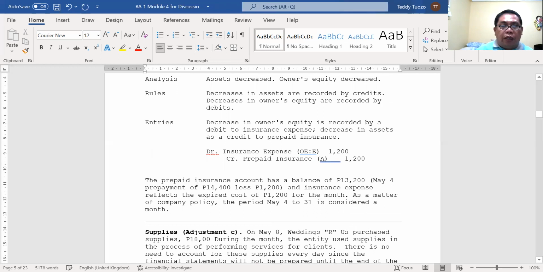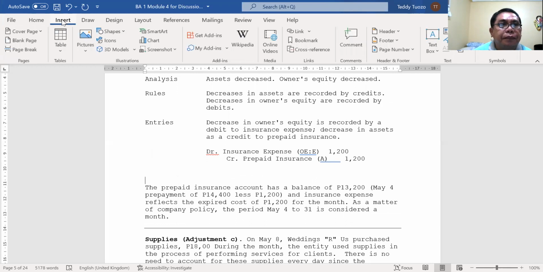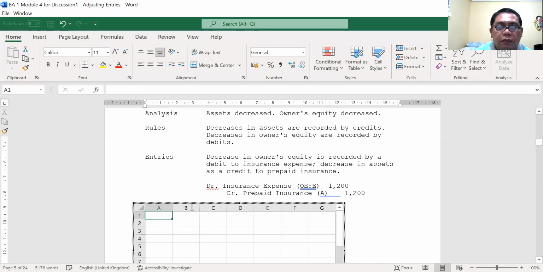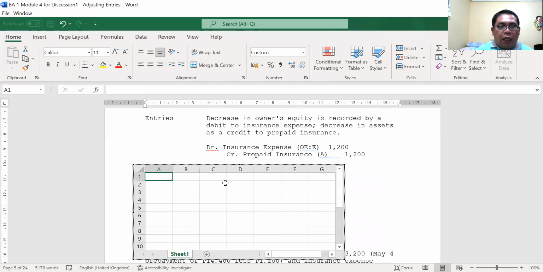I will show you here how. I will prepare an Excel. Remember that the amount of the insurance policy is 14,400. So the expired portion is only for 1 month.